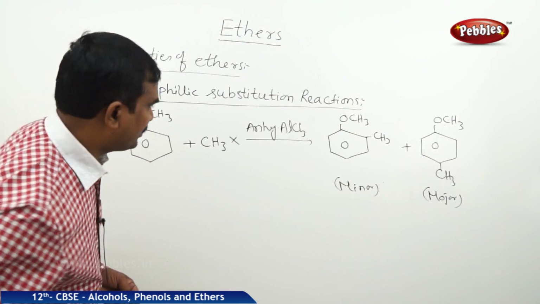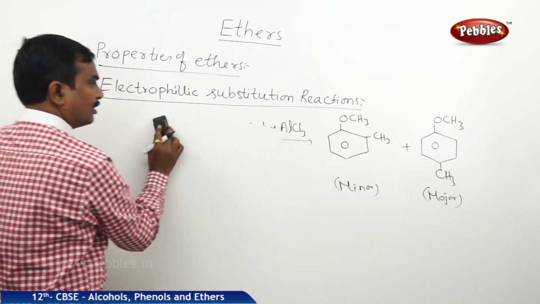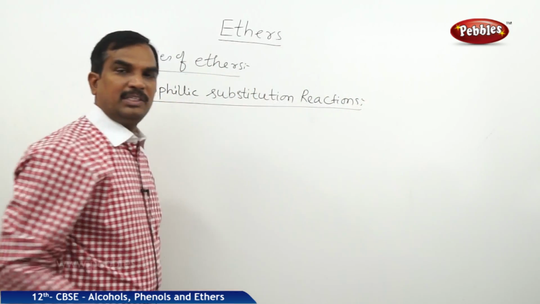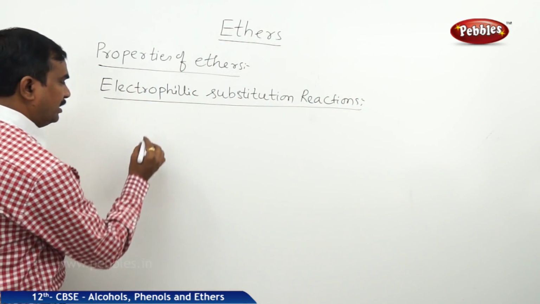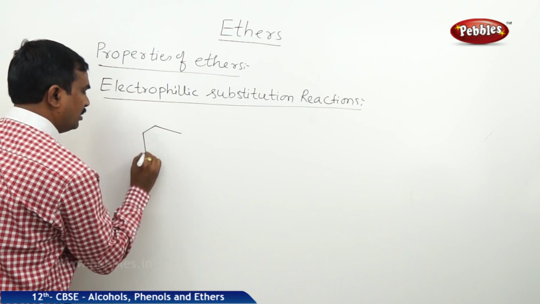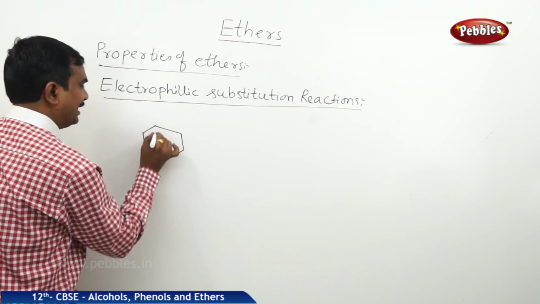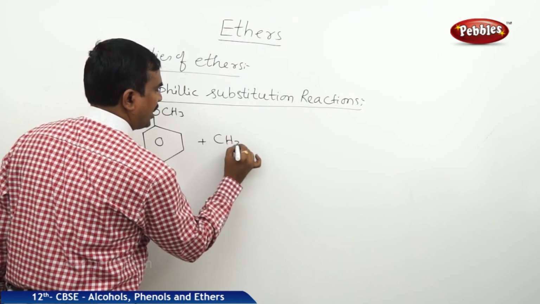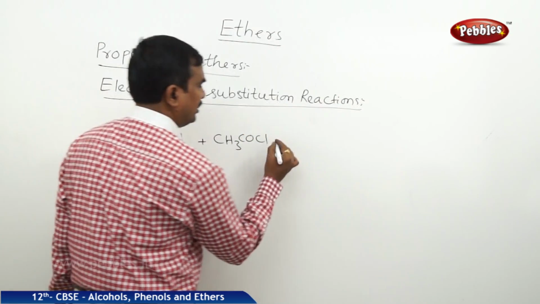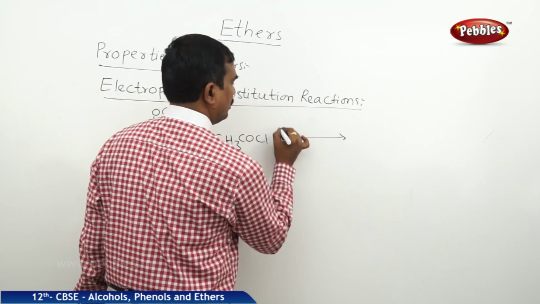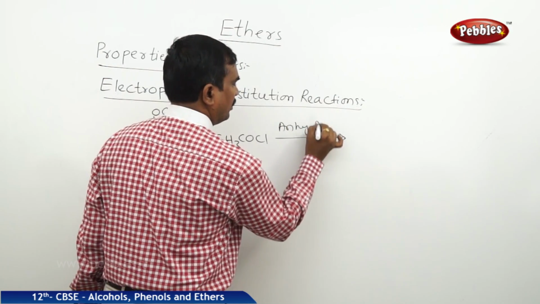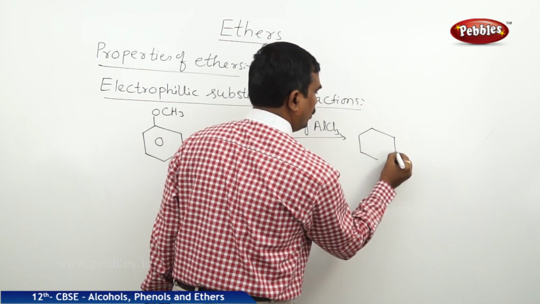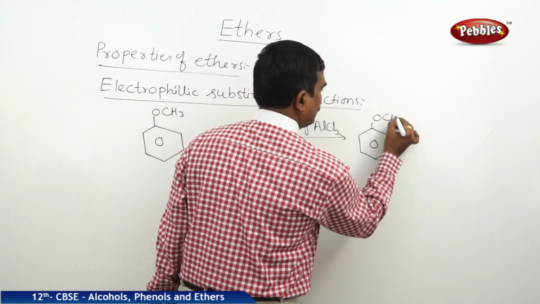You take Friedel-Crafts acylation. This also you take CH3COCl, which is acetyl chloride. This is the corresponding ether, which is anisole, which reacts with acetyl chloride in presence of Lewis acid, anhydrous AlCl3, giving the products as ortho as well as para products.